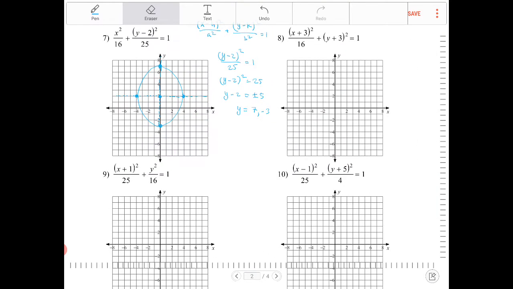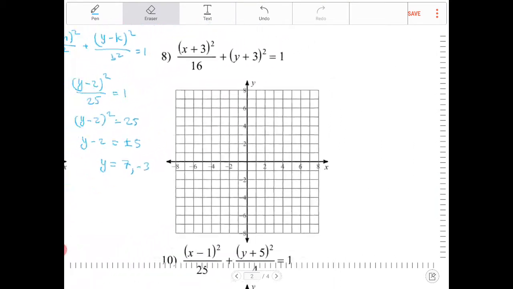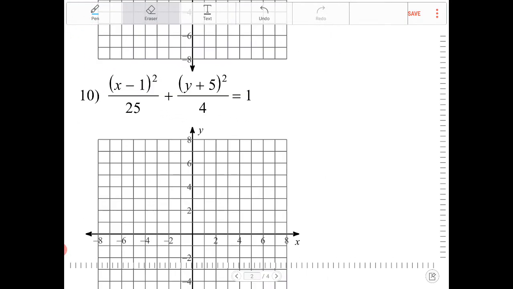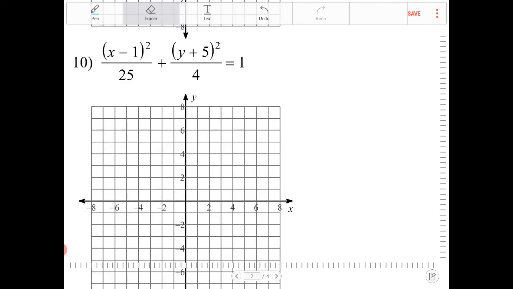All right, let's take a look at another one. Let's do this guy here. So what we can also do, instead of identifying where the center is, is think about this not graphing it exactly the way we see it, but as a transformation.